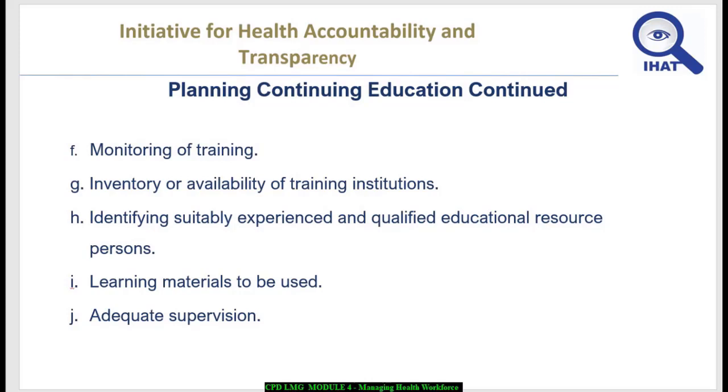Also to be included are monitoring of training, an inventory of the availability of training institutions, and identifying suitable, experienced and qualified educational resource persons. There must be the issue of learning materials to be used, which must be well addressed, and very importantly, the issue of adequate supervision.